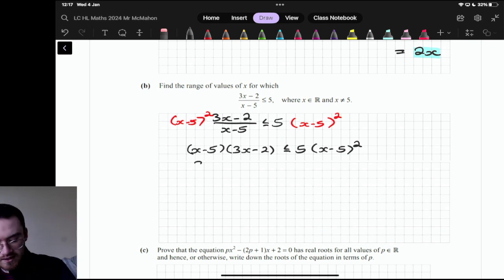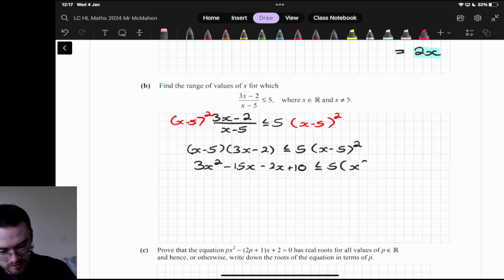So on the left hand side I now get 3x squared minus 15x minus 2x plus 10 is less than or equal to 5 by x squared minus 10x plus 25.